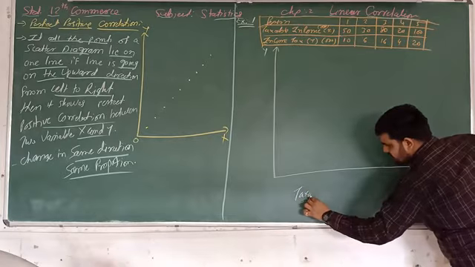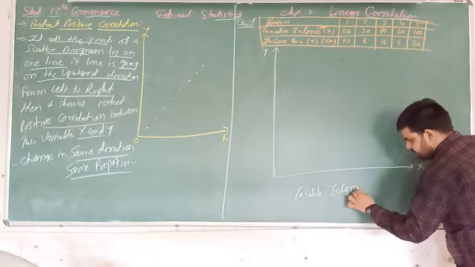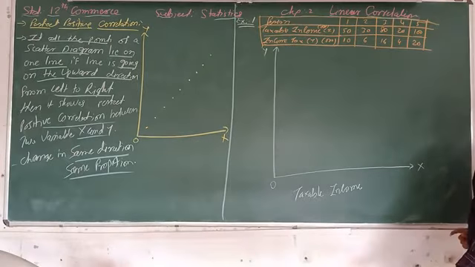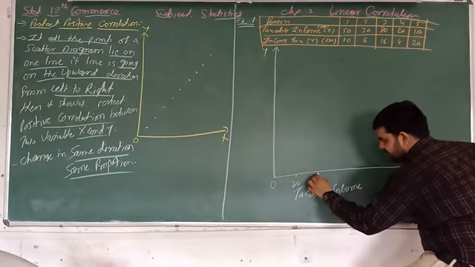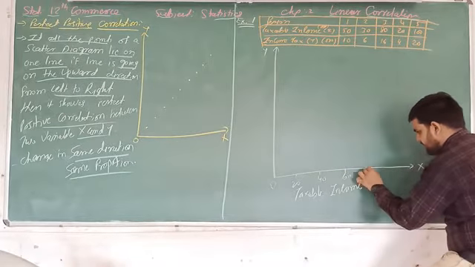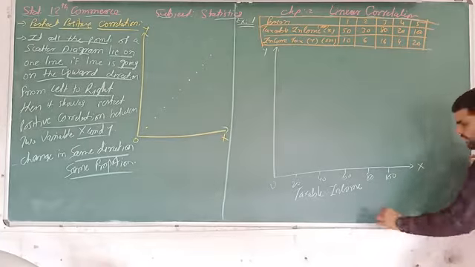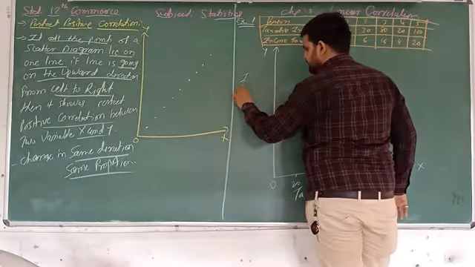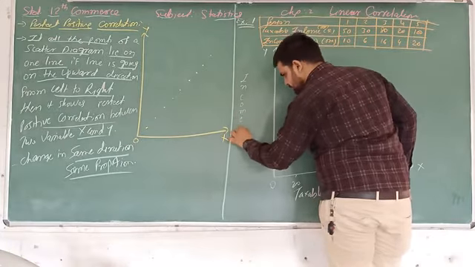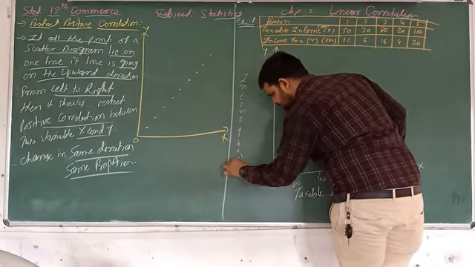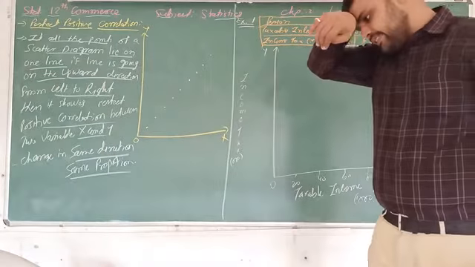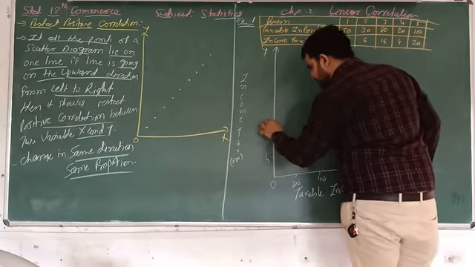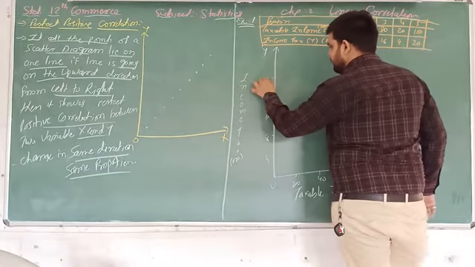We take 1 centimeter equal to 20,000, so 20, 40, 60, 80, 100, in thousands. And on the y-axis we take income tax, with 1 centimeter equal to 4,000, so 4, 8, 12, 16, 20.